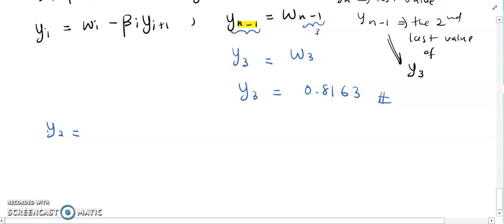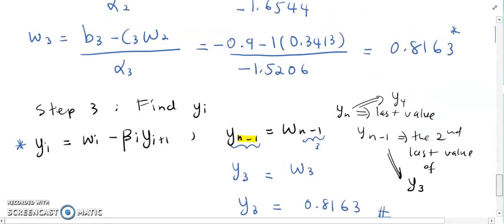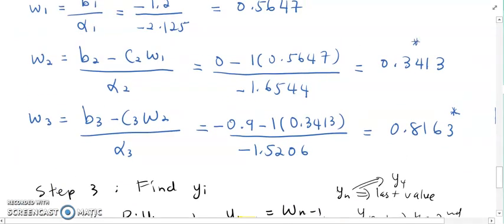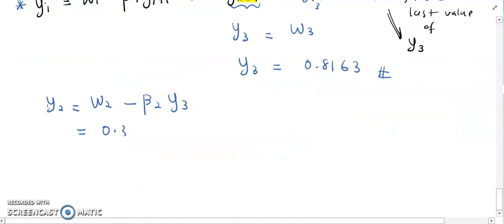Okay, next is y2 value. This is like solving the system by using backward substitution. We start with y3 and then proceed with y2, and the last one is y1. So next is y2. To find y2, please refer to this formula: w2 minus beta 2 times y3. So w2 is what? w2 is this value, 0.3413. 0.3413 minus beta 2.